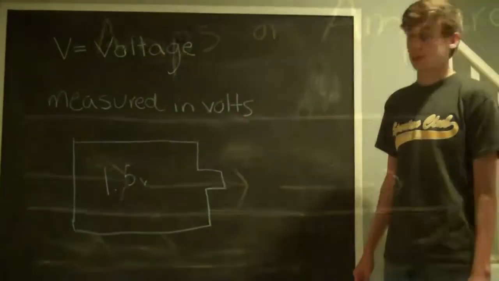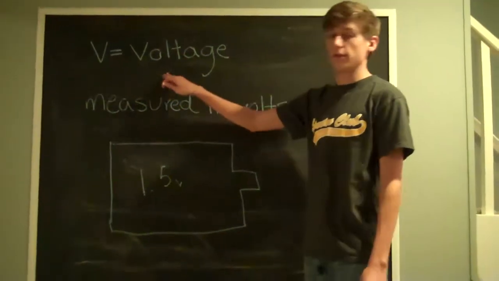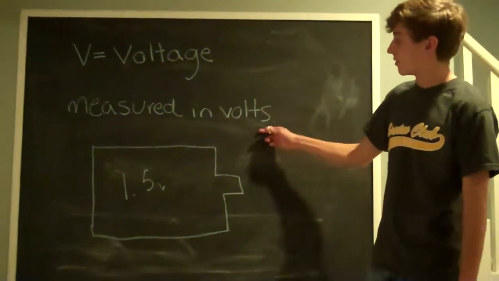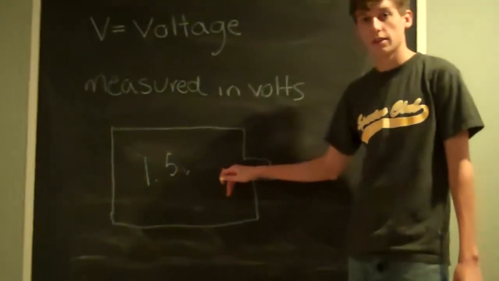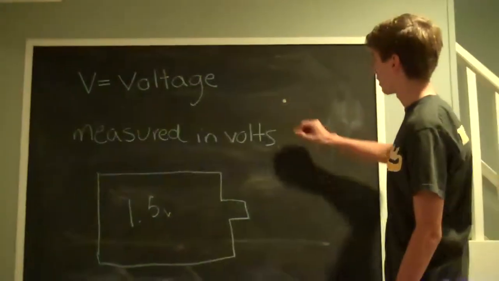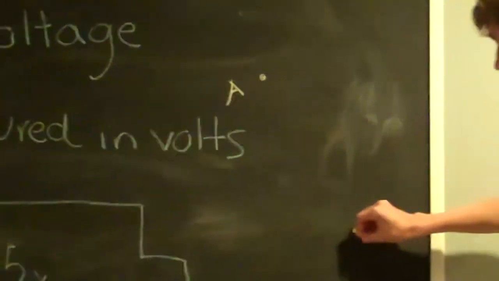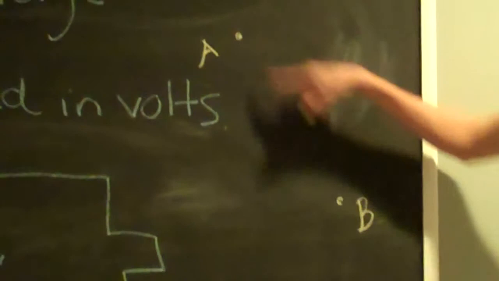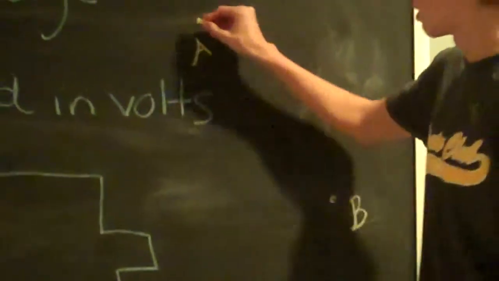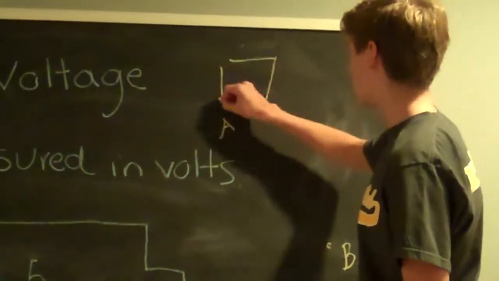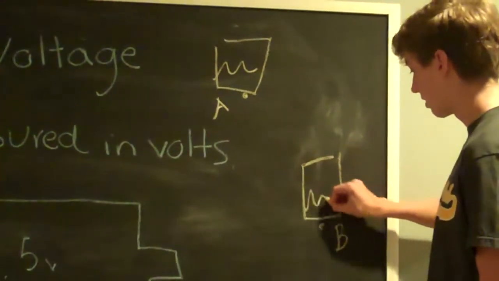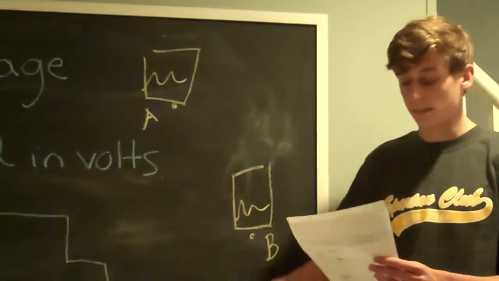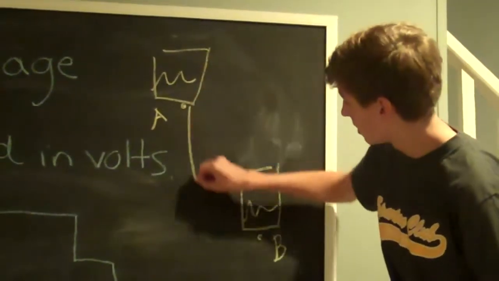The next variable is V, and it stands for voltage. It's measured in volts, and you can find it on your batteries. The batteries we were using were 1.5 volts. Another example would be going between two points. You've got point A and point B, the lower place, with water up inside of them, and then you make a pipe between them.